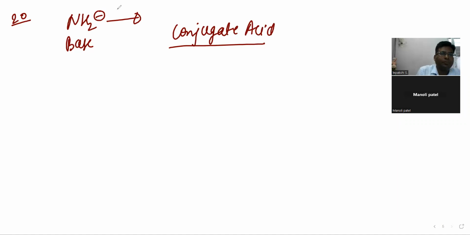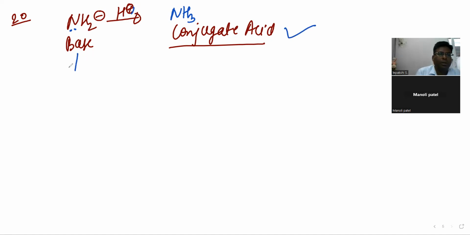We should add H plus to this base. It wants a lone pair, and nitrogen has a lone pair, so H plus will get attached to this lone pair. There is a minus sign and a plus sign, so it will become neutral after forming NH3. So NH3 will be the conjugate acid for that one, right?